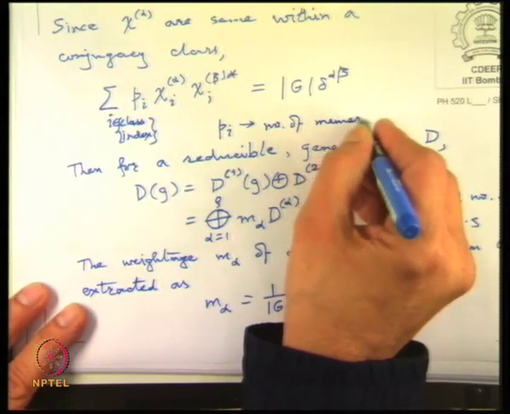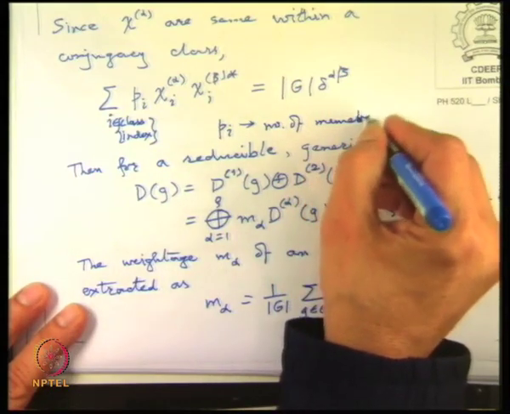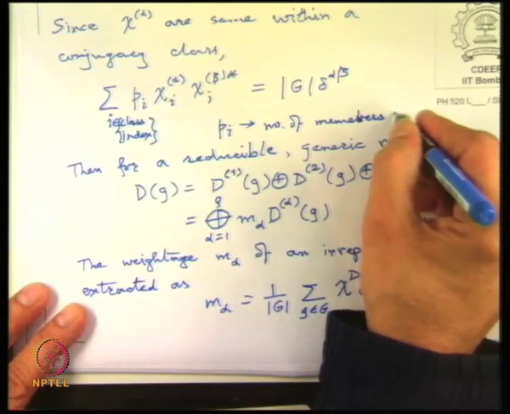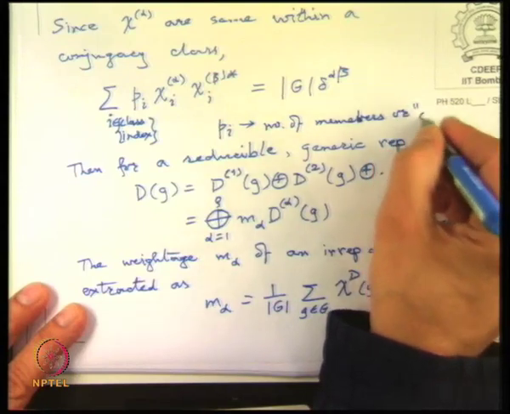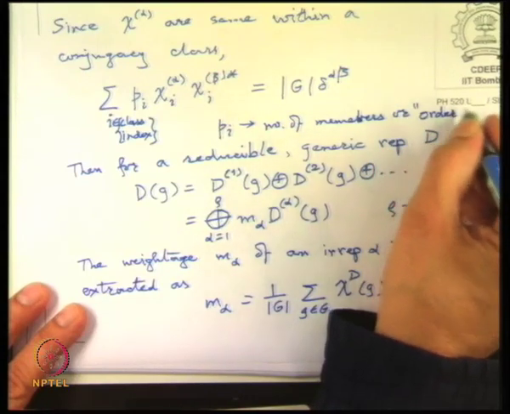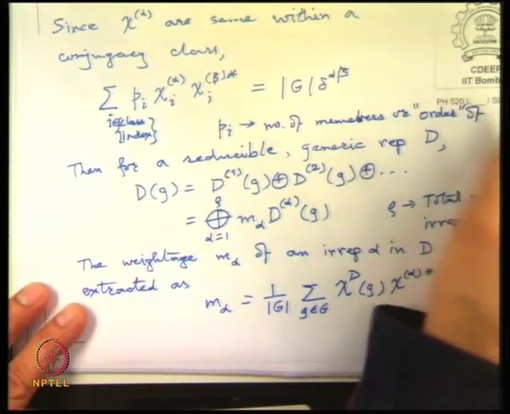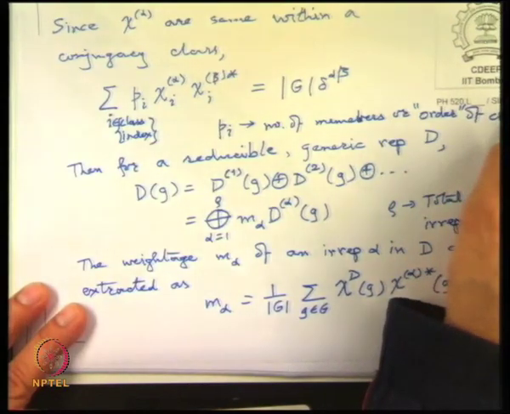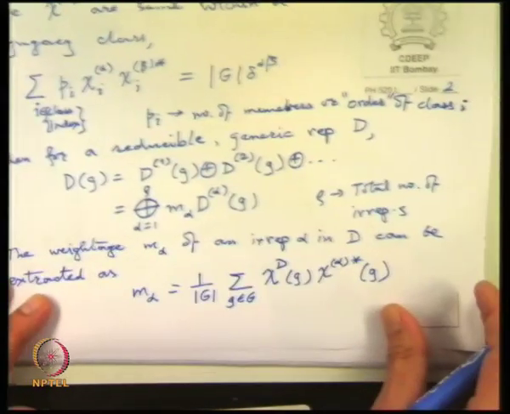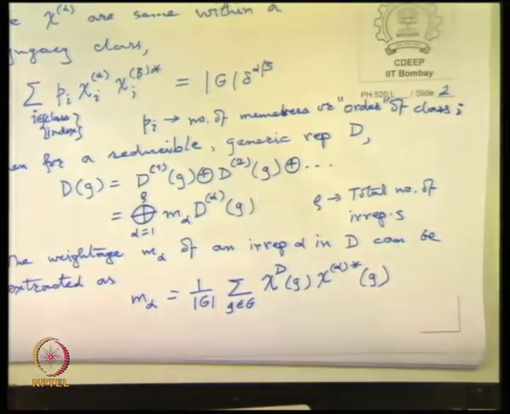It's called the order of the class actually. Class I, the order of class I is Ti.